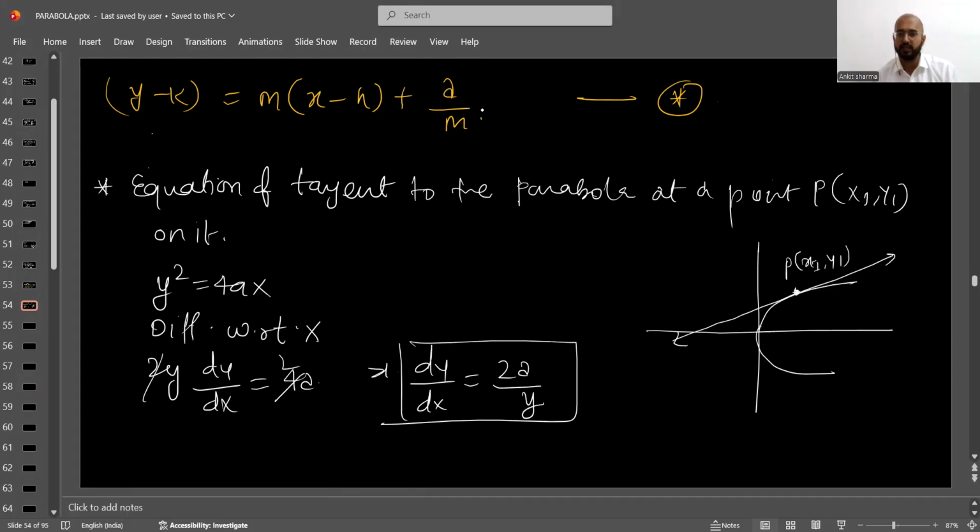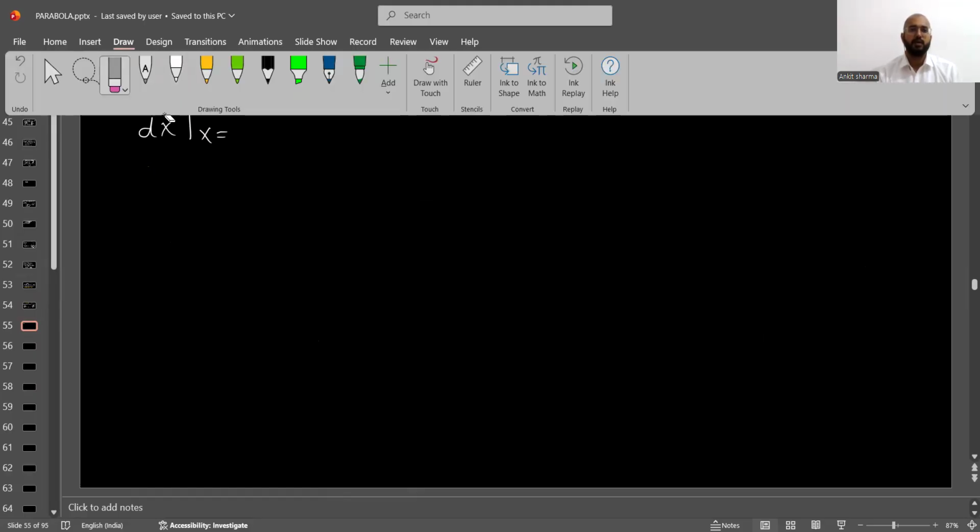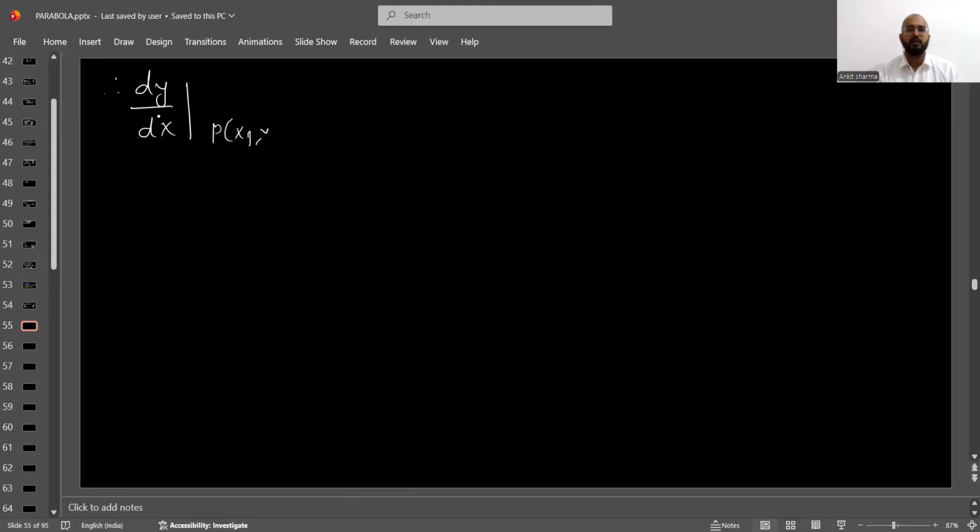Now I want the slope at this point. So dy by dx at point P, the slope at the point x1, y1, is going to be 2a over y1. So now I have the slope at the point.